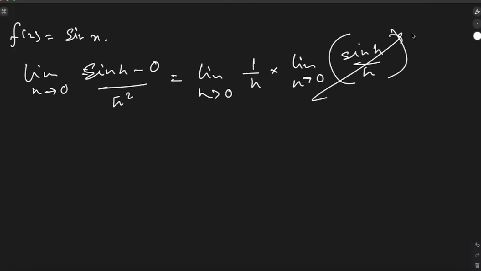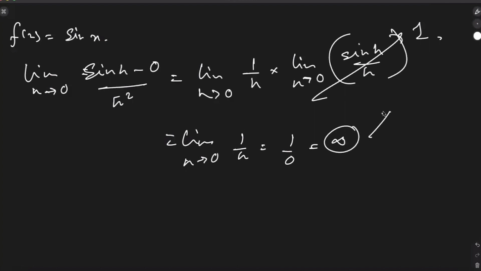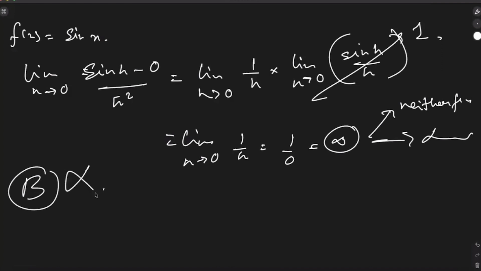This is the identity, the value comes out to be 1. So we are left with limit h tends to 0 of 1 upon h. This comes out to be 1 upon 0, which is infinity, which is neither finite nor the other condition that was given to us. Okay, so option B is not correct.